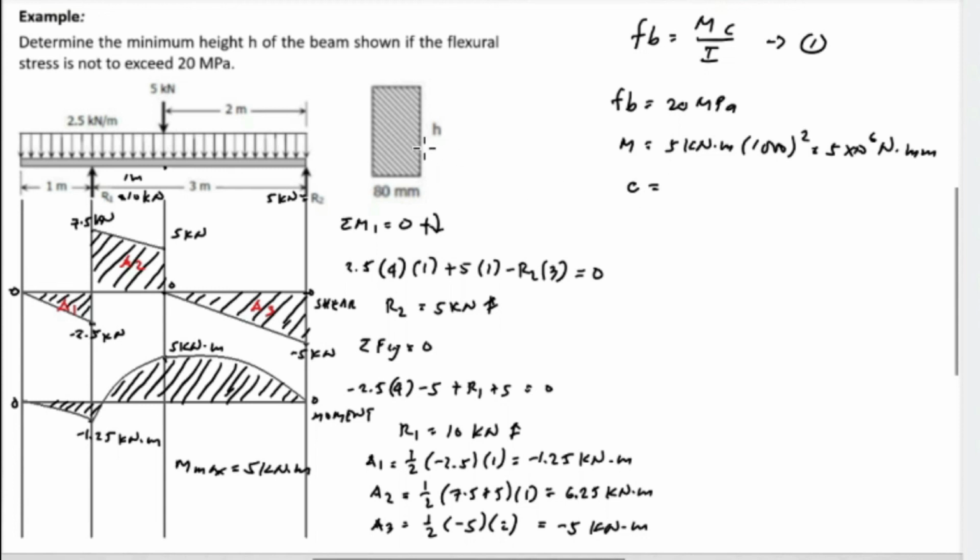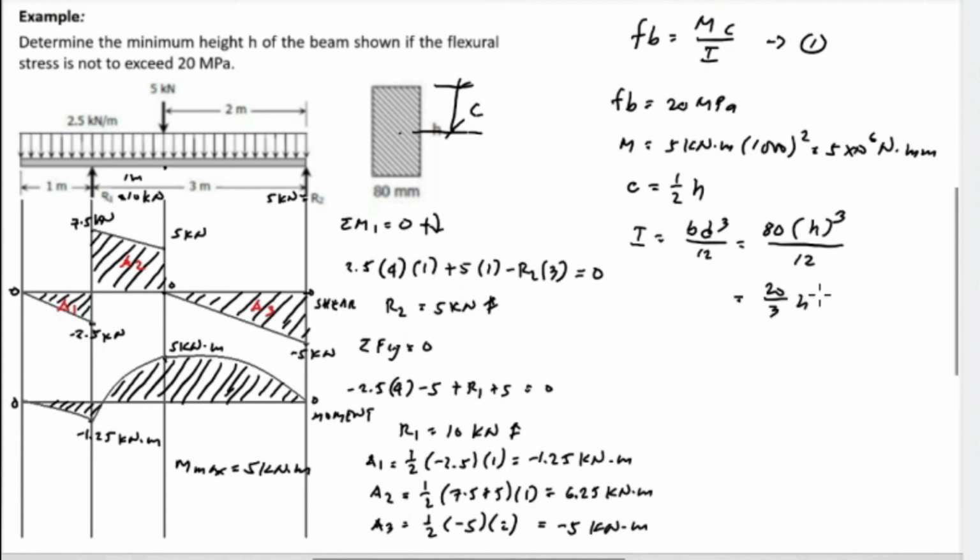Next, C, the height H, and the neutral axis for the rectangular is 1/2 up to the top, which is C, and the value is 1/2 of the height, or H. And I, for rectangular beam, the formula for moment of inertia is BD cube all over 12, and the base is 80 millimeter, and the depth is H, so H cube all over 12, and this will be 20 over 3 H cube for I. So we have I, C, M, and FB.